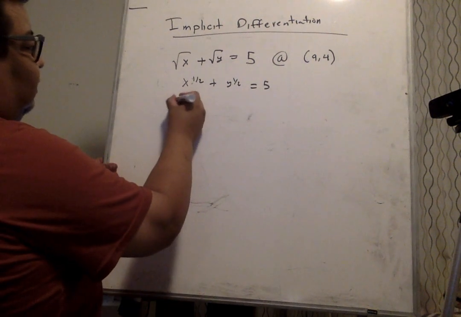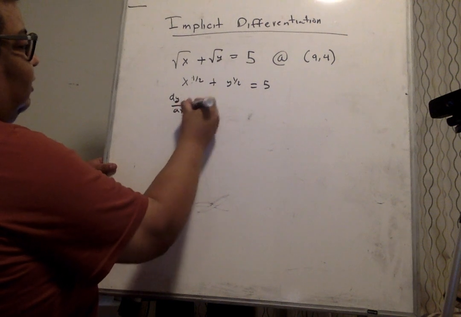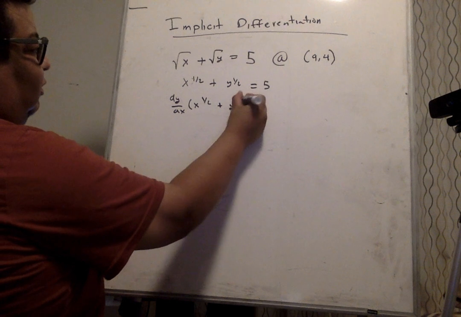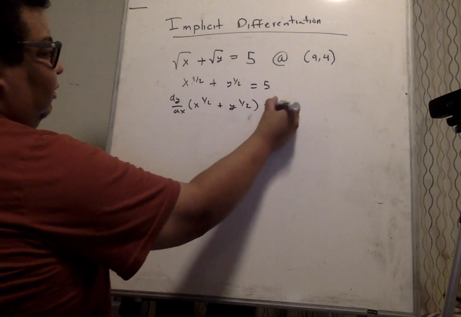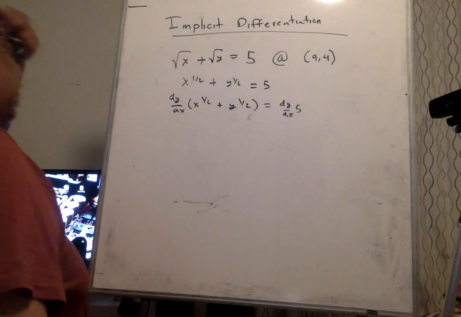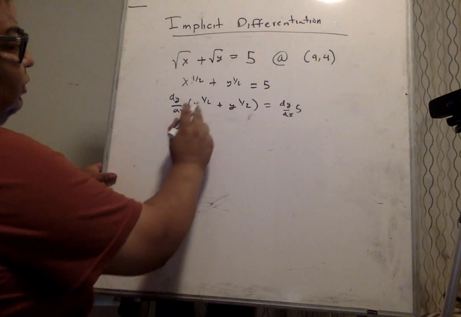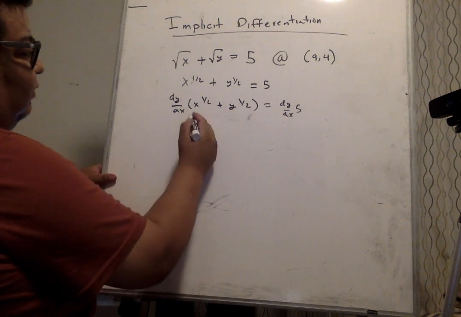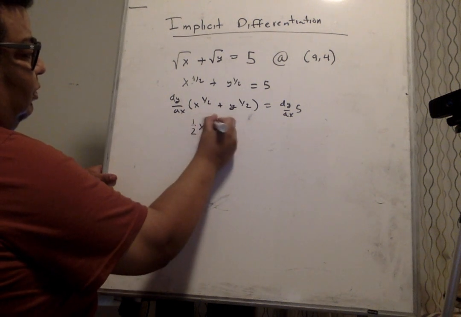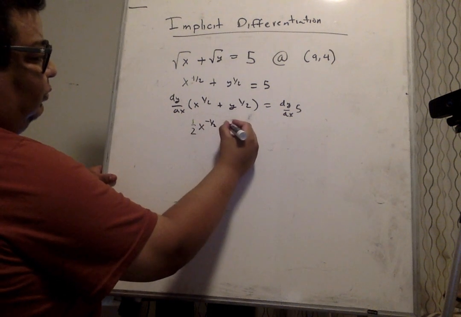Now we're gonna take the derivative, dy/dx, on both sides. So take the derivative of x to the half, that's gonna be power rule. We bring that down, it's gonna be minus 1/2.